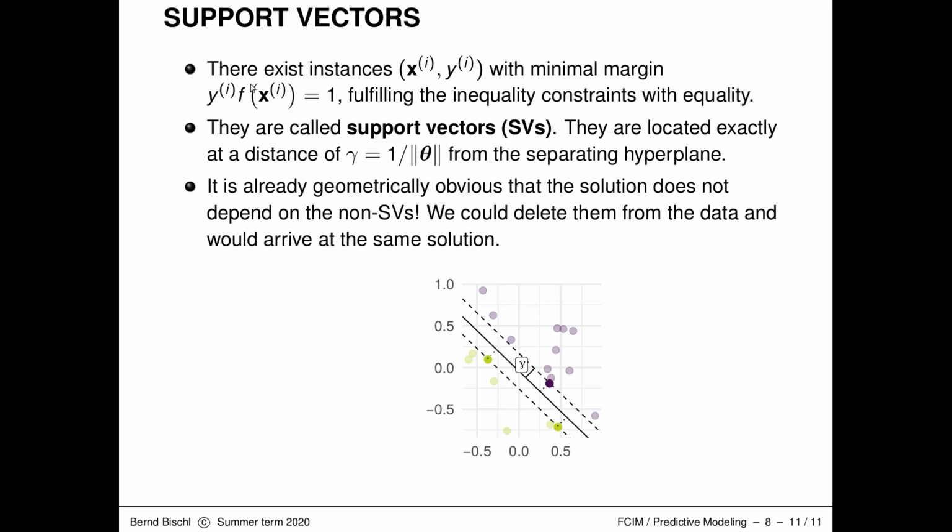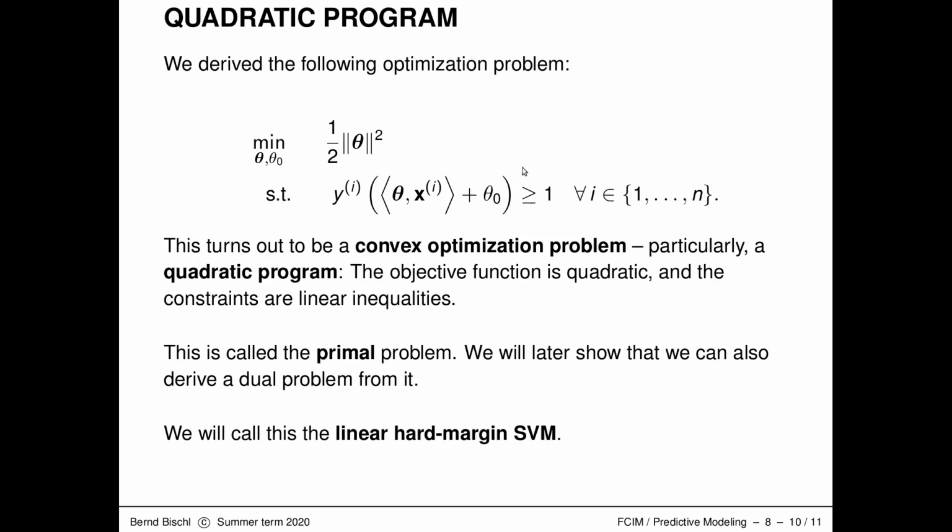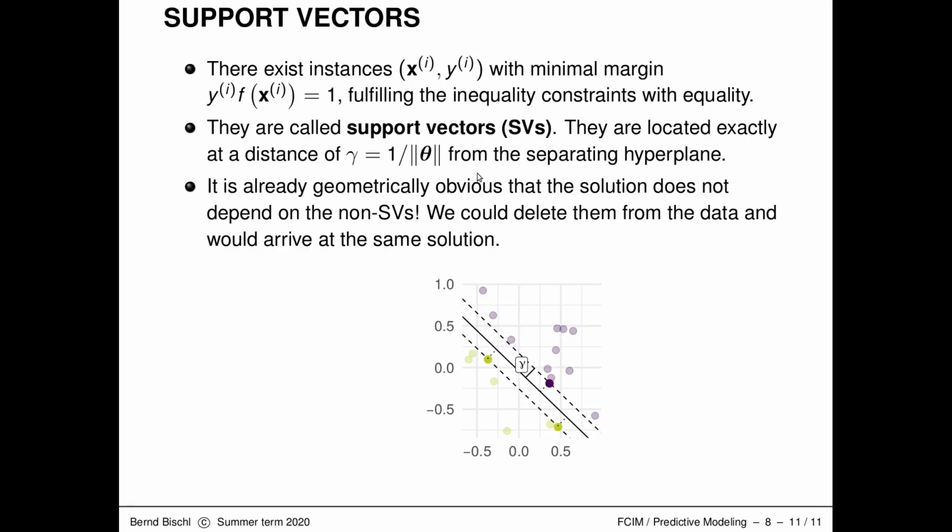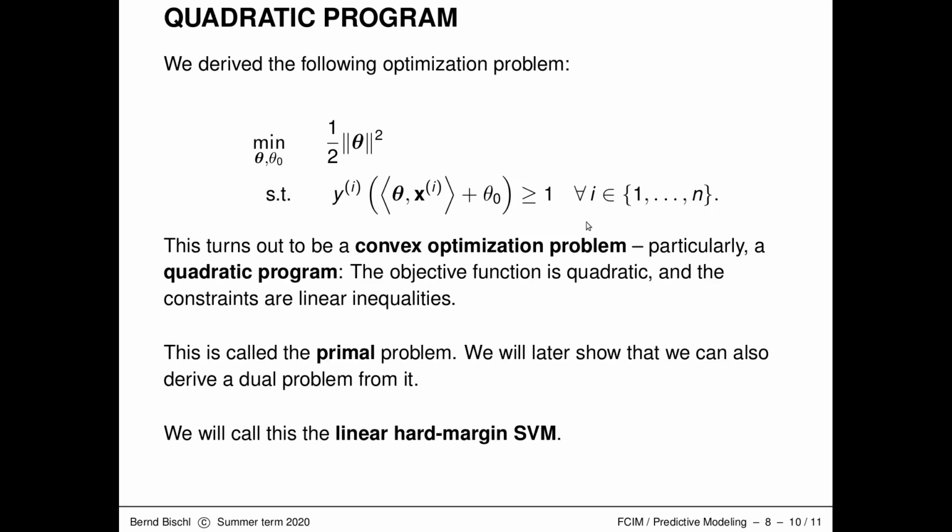And the product of the score with the label will be plus 1. So these points fulfill our inequality constraints with equality. Exactly these points, the indices where the inequality constraints are fulfilled with equality, the associated training data points we will call support vectors.